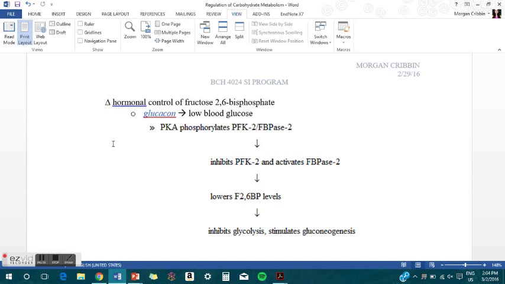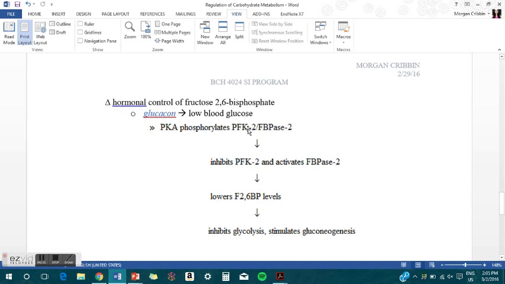So what's going to happen is when you have low blood glucose, your body's going to release glucagon. Your protein kinase A, which we saw was activated from that GPCR, the G protein coupled receptor cascade, which is activated by glucagon and epinephrine. So glucagon is going to activate that PKA, and that's going to be in charge of phosphorylating that bifunctional enzyme.